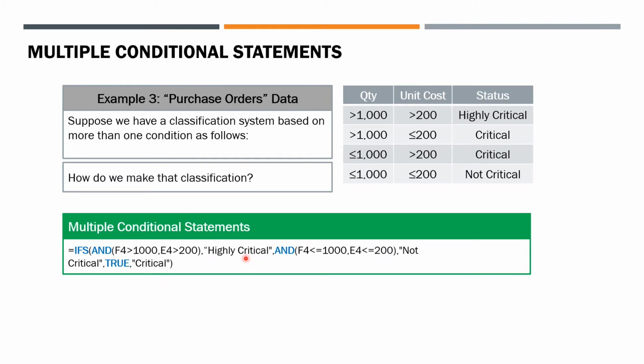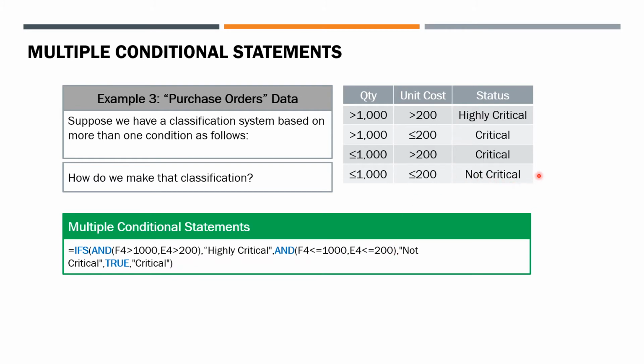And because this is the IFS function, you do not need to write another IF here, just move to another criteria here. If the quantity is less than or equal to 1,000 and the unit cost is less than or equal to 200, it is considered as not critical.